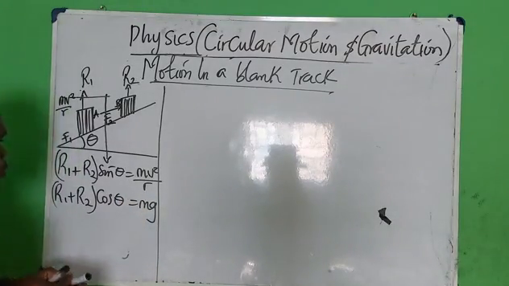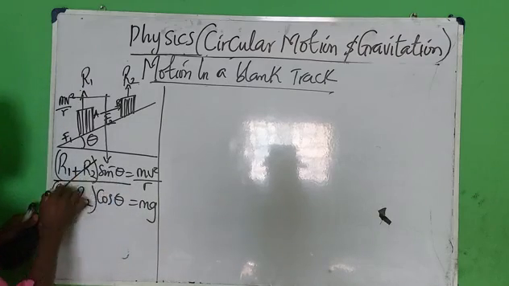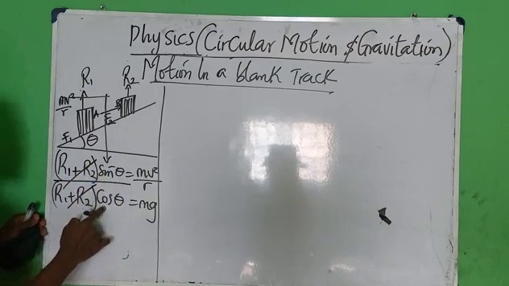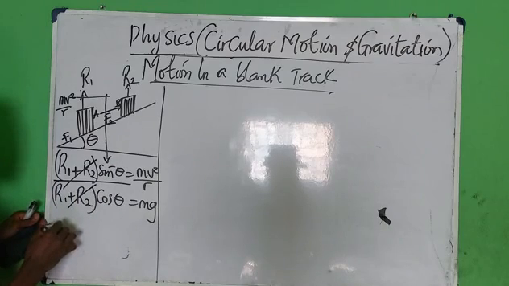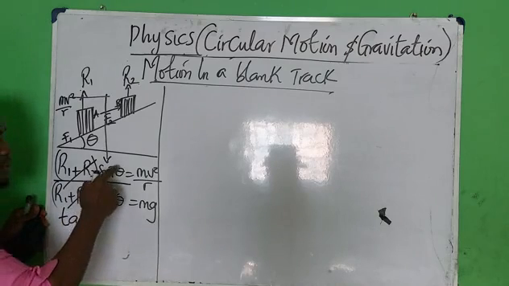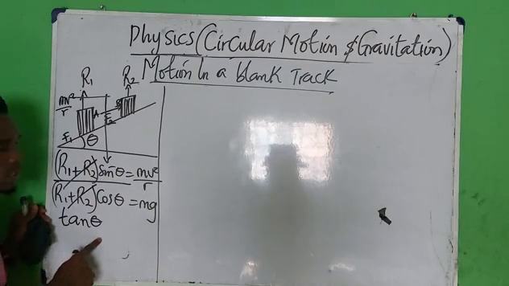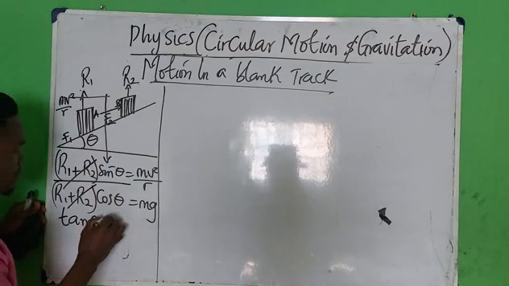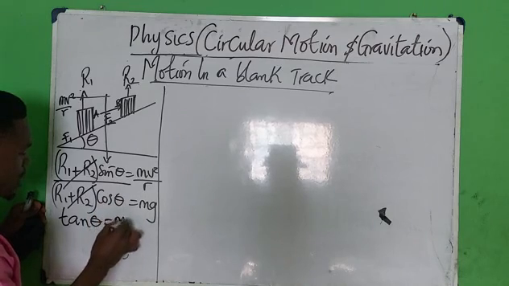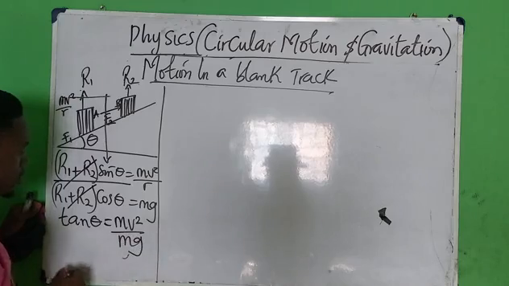In doing that, what are we going to be having? Something like this. Sin theta divided by cos theta is tan theta. Yes, just resolve it yourself. Sin theta divided by cos theta is tan theta. So from here I'll be having mv squared over mg.